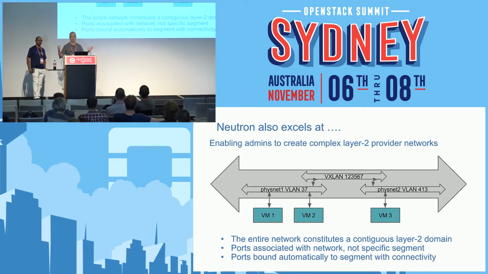A network can encompass many different segments, and each one of those segments can be of different technologies. You can mix physical VLANs with VXLANs and stitch all that together in a single unified level 2 network, unified broadcast domain.